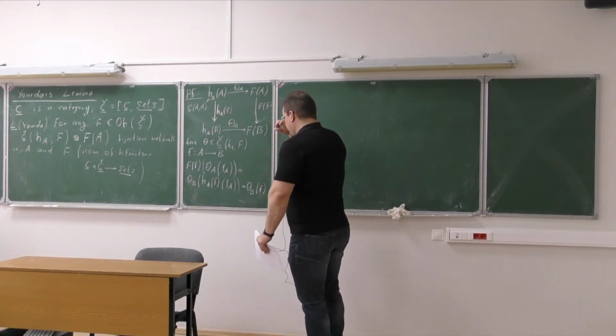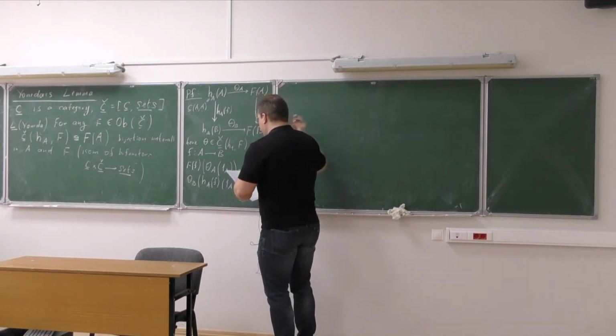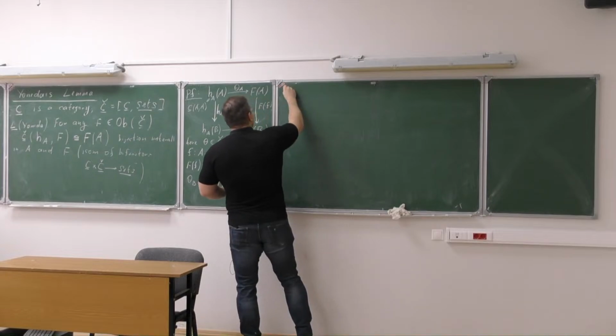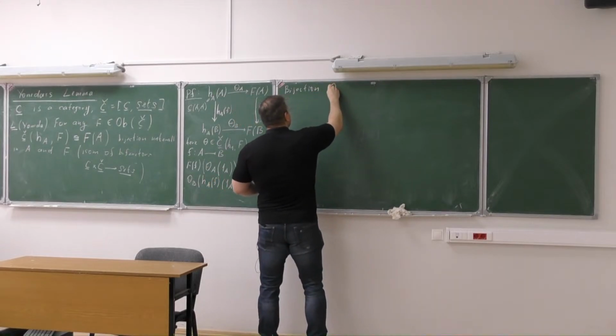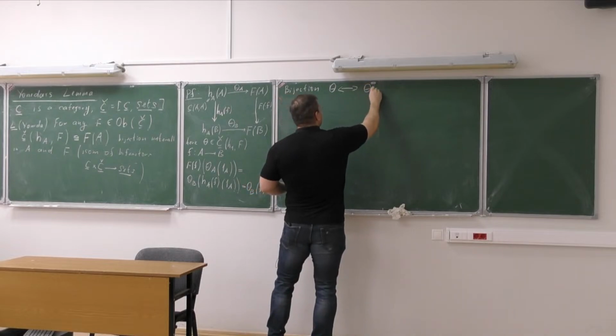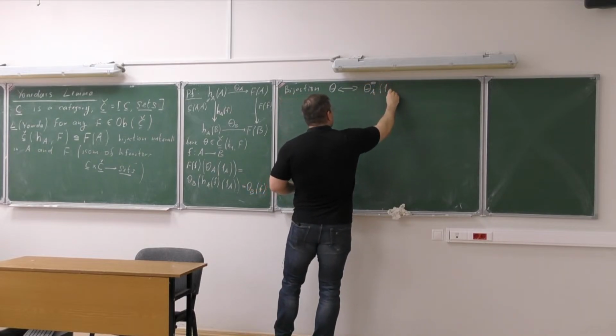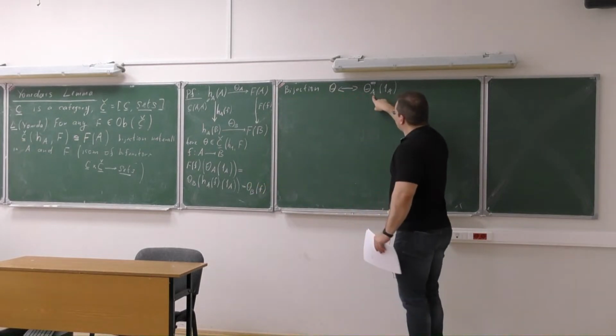So what we see from this formula is that, let me maybe just write how the bijection looks. So the bijection is the following. A natural transformation I can send to the value of this natural transformation component with the index A, which I evaluate on the element 1 sub A.